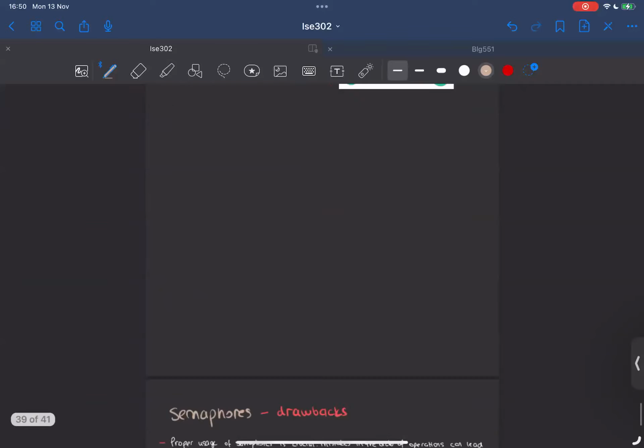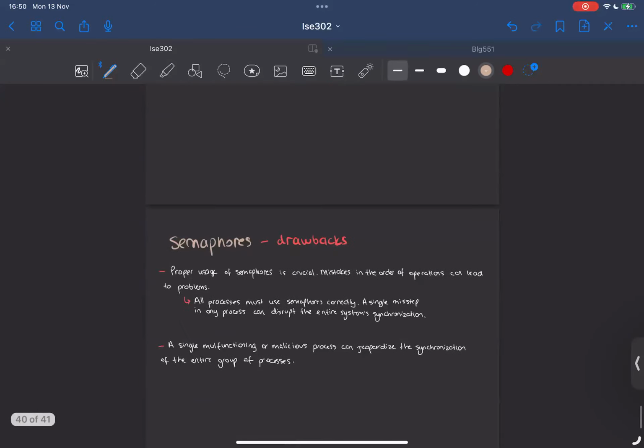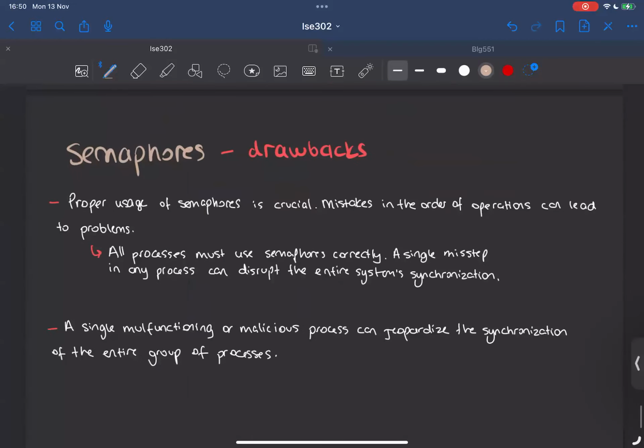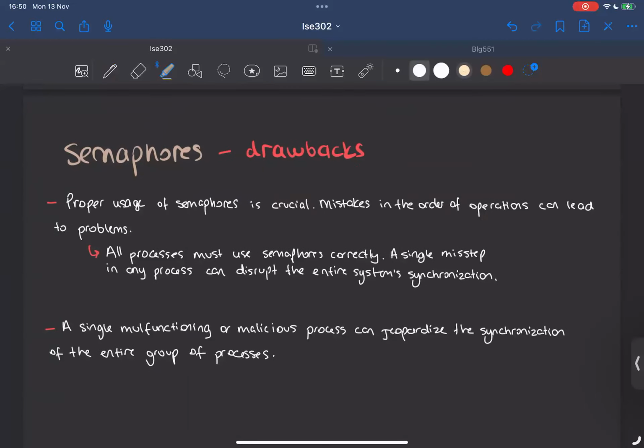However, using semaphores does not provide a perfect solution. They also have some drawbacks. So proper usage of semaphores is crucial. Mistakes in the order of operations can lead to synchronization errors. So all processes involved must use semaphores correctly. A single misstep in any process can disrupt the entire system synchronization.